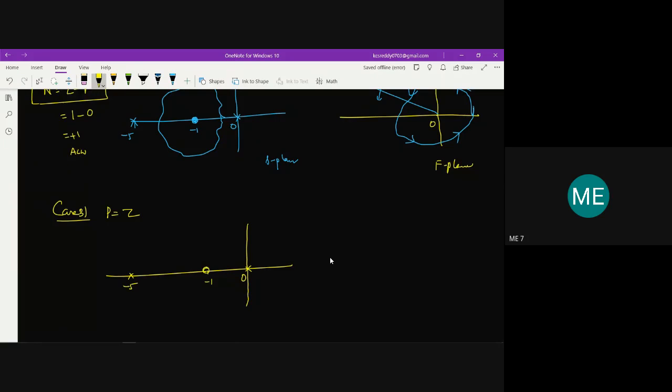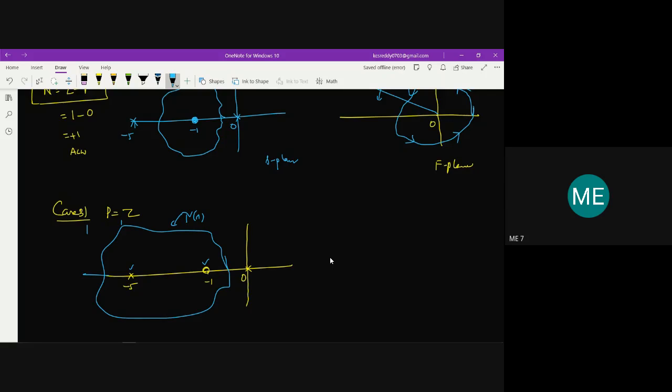There is only one pole and one zero I am considering. For the tau of S path drawn here, one pole is encircled and one zero is encircled.